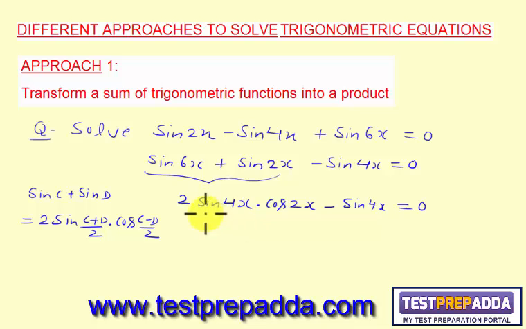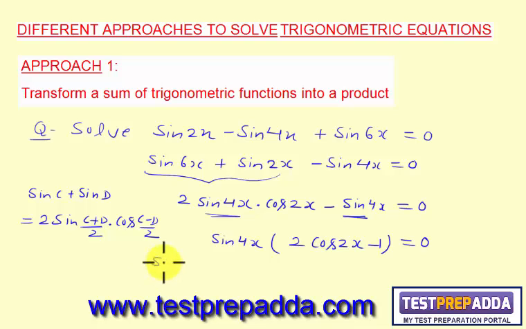Now sine 4x you can see is common, so I'll take sine 4x common here. Inside the bracket I'll get 2 cos 2x minus 1 equal to 0. This way I can write sine 4x equal to 0 or 2 cos 2x minus 1 equal to 0, which means cos 2x is equal to 1 by 2.